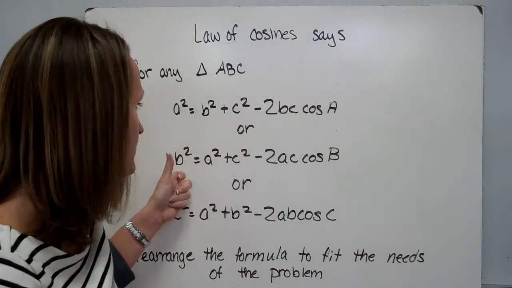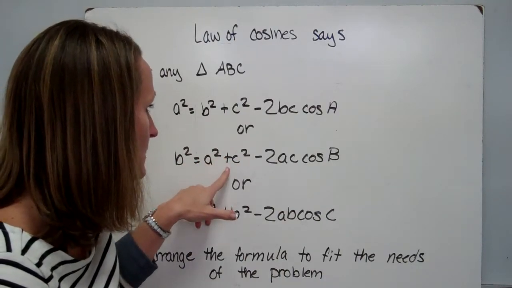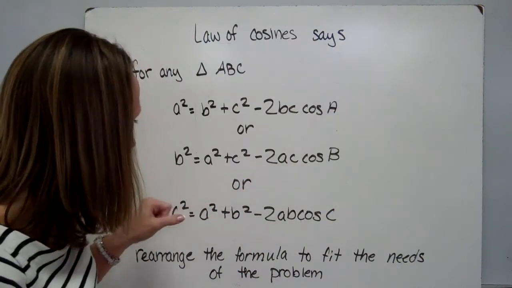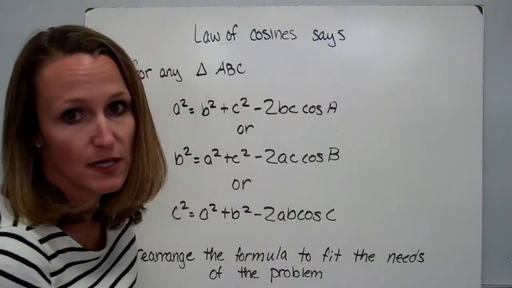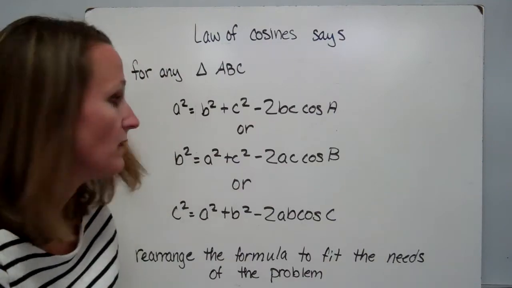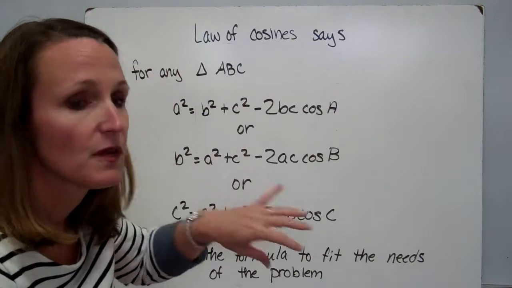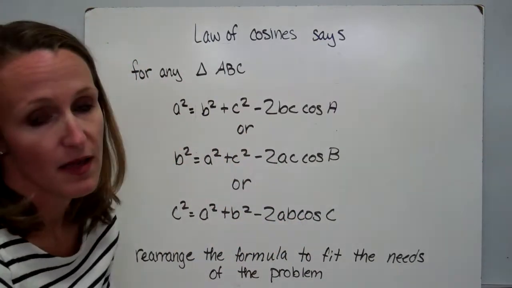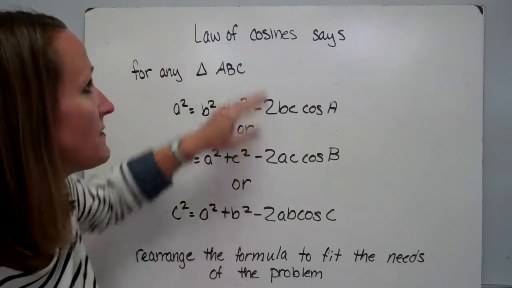Or, if what you're missing is B, B squared equals A squared plus C squared minus 2AC cosine of B. Or, C squared equals A squared plus B squared minus 2AB cosine of C. Rearrange the formula to fit the needs of the problem. Of course, sometimes you're missing things like the cosine, but you're still able to rearrange this depending upon A, B, or C. So rearrange your formula to fit your problem.